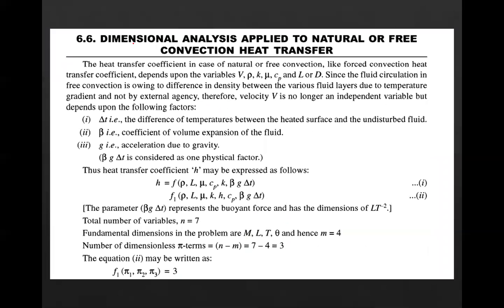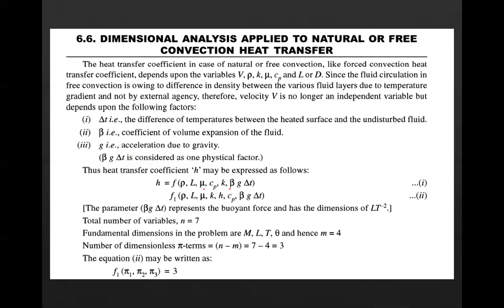The next topic is dimensional analysis applied to natural or free convection heat transfer. Similarly, we take the case where the heat transfer coefficient h is a function of rho, L, mu, Cp, k, beta, g, delta T. Here beta is the coefficient of volume expansion, delta T is the temperature difference between the heated surface and the surrounding fluid, and g is the acceleration due to gravity.